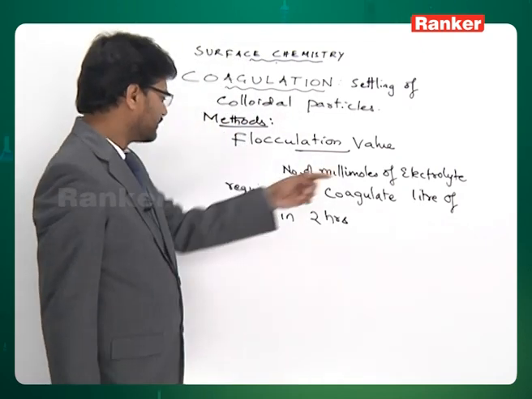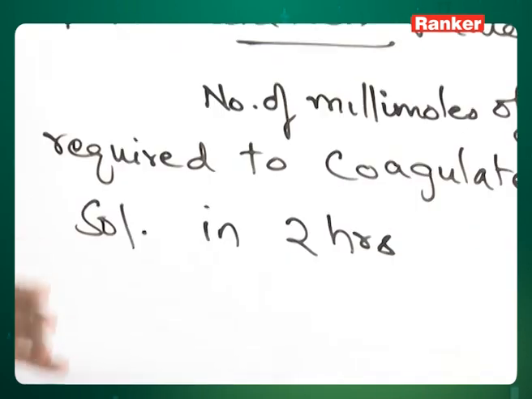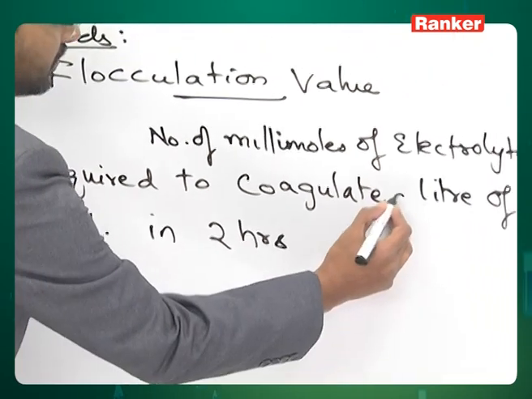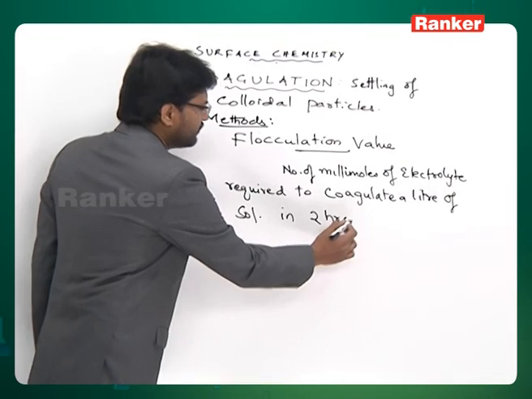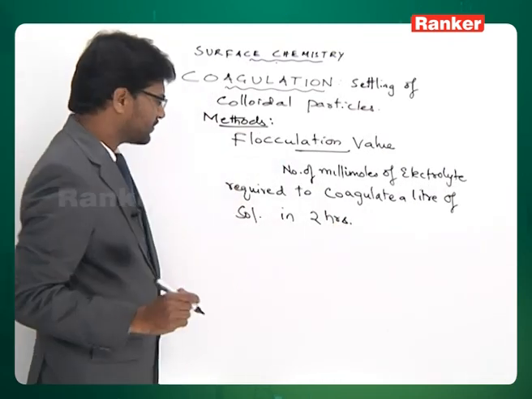Number of millimoles of electrolyte required to coagulate a liter of sol in a duration of 2 hours is called the flocculation value of that electrolyte.